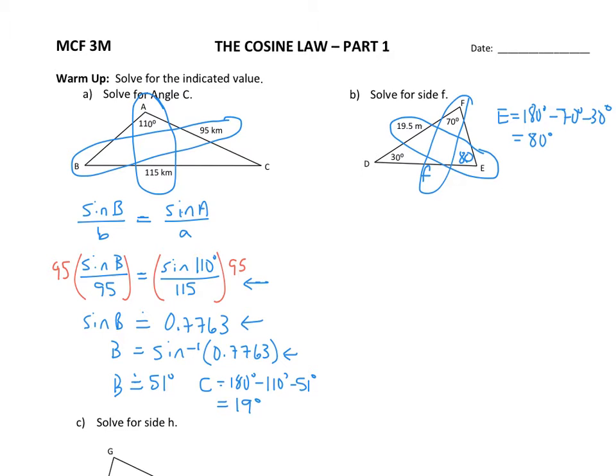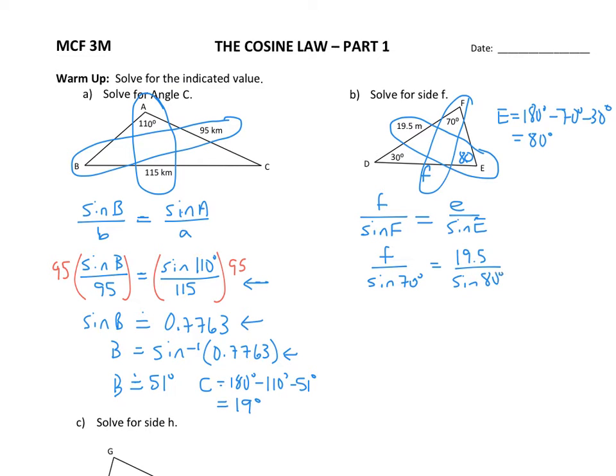Since it's a side I want to solve for, I'm going to put side F on the top. That's going to be over sine of angle F, and that's going to equal the side E over the sine of angle E. So you can fill in what you know and solve. So F over the sine of 70 degrees would be equal to 19.5 divided by the sine of 80 degrees.